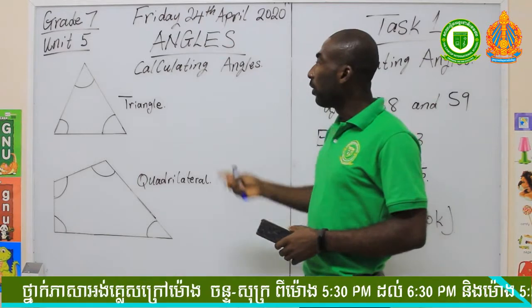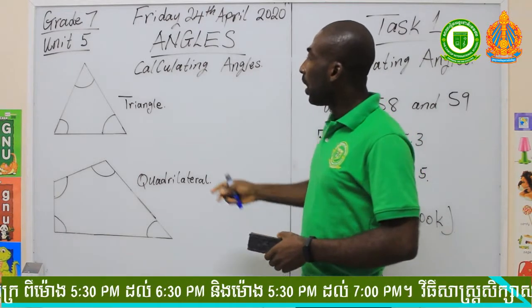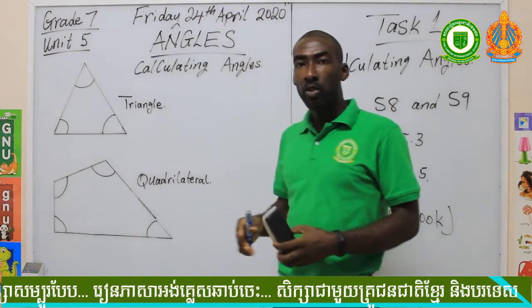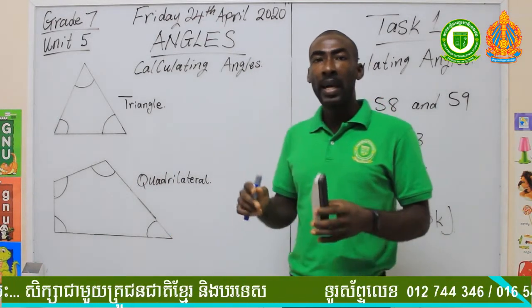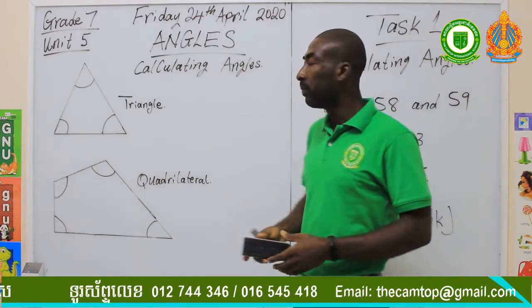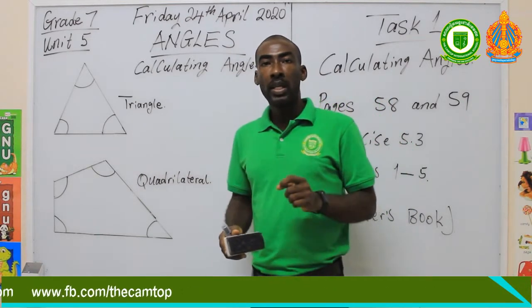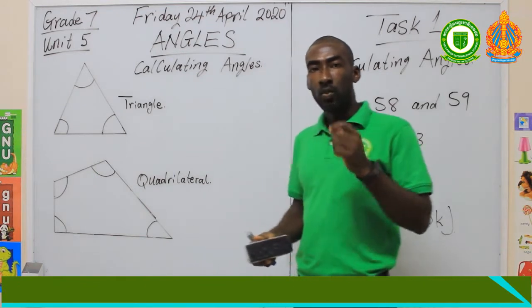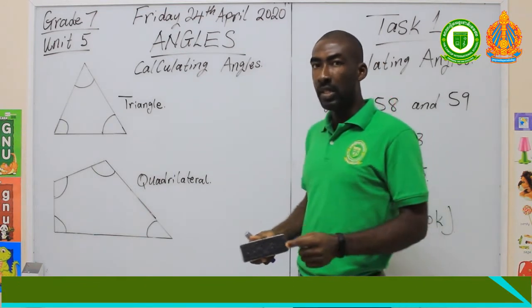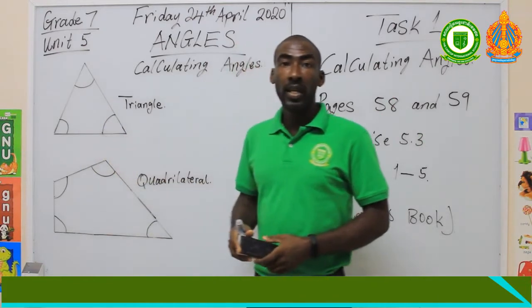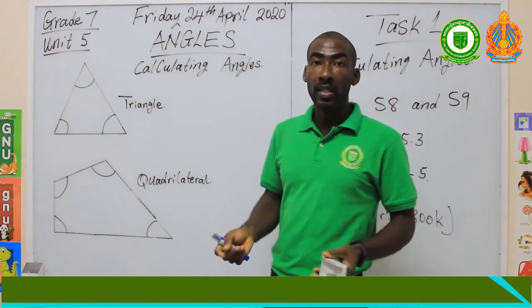First, when we are dealing with a triangle, the first thing that should come to your mind is the total angle that makes a triangle. We should all know that the total angle of a triangle is 180 degrees. All 3 angles come together to make 180 degrees.